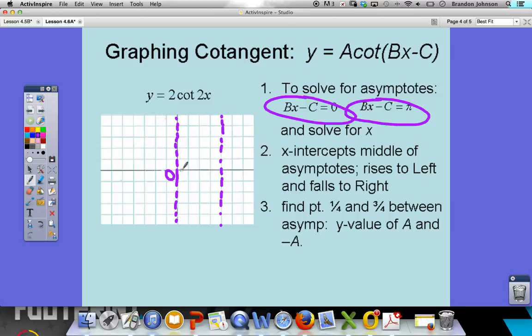So from 0 to pi, and then obviously it'd go to negative pi, negative 2 pi, so on and so forth. With cotangent, though, it rises to the left and falls to the right. Again, unless it's negative. If it's negative, obviously it flips that. But overall, that's how we approach this problem.